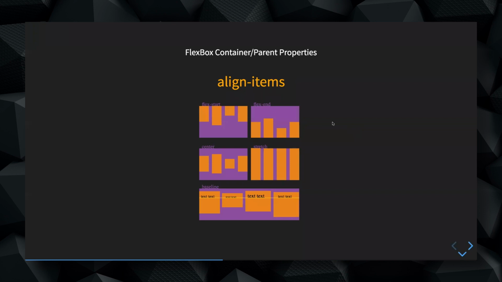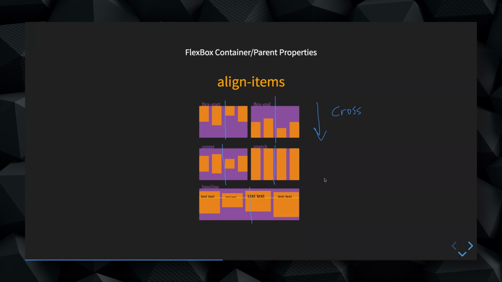Now, align items, as you can see from this nice schematic, lets us align, place, let's say, items according to the cross axis. So we have the cross axis, and we can align the items according to this.